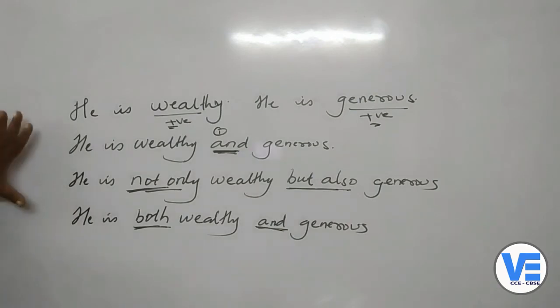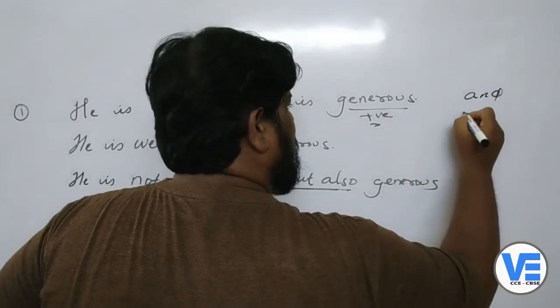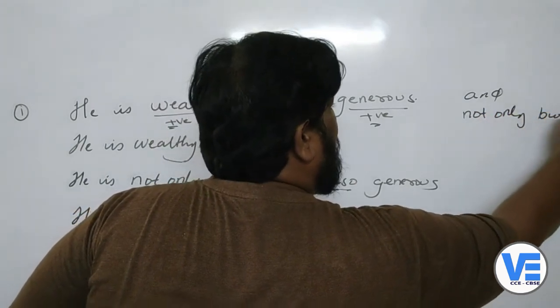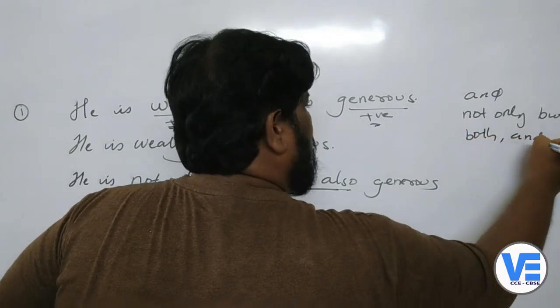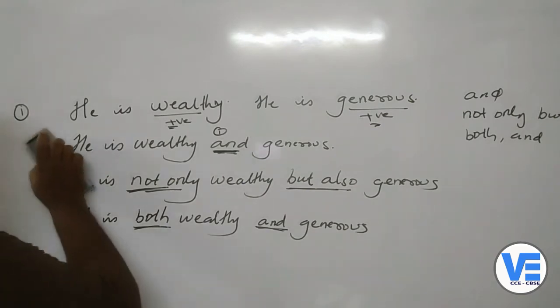So this is the first example. What are the conjunctions we have finished now? We have finished and, not only but also, both and.